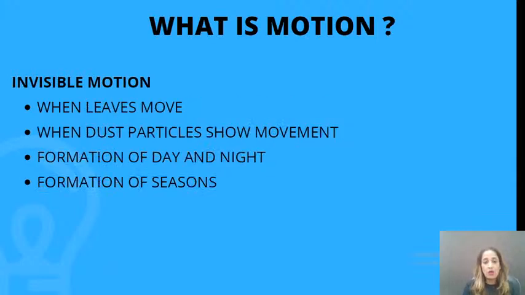But how about not seeing them? For example, day and night are there. Then you have seasons, right? So what is the reason behind the formation of day and night? What is the reason behind the formation of the seasons? So these are examples of invisible motion, which means you cannot see what is moving that is causing the seasons to change, causing day and night, but you are not able to see it.